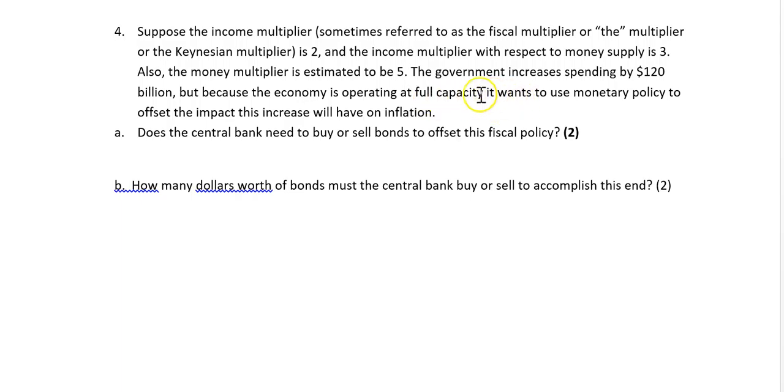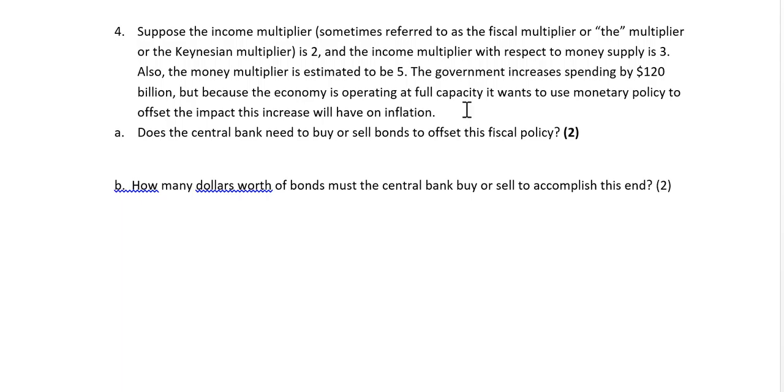So the government wants to use monetary policy to offset this increase in inflation. That's a fancy way of saying the federal government is going to increase spending and shift the aggregate demand curve to the right. What we want is the Federal Reserve to offset that and shift it back to the left, to not have any impact on inflation.